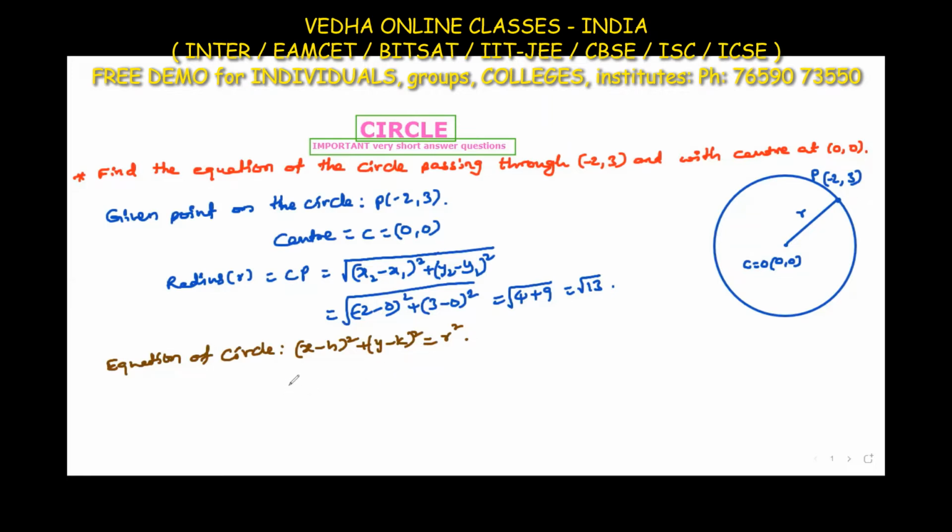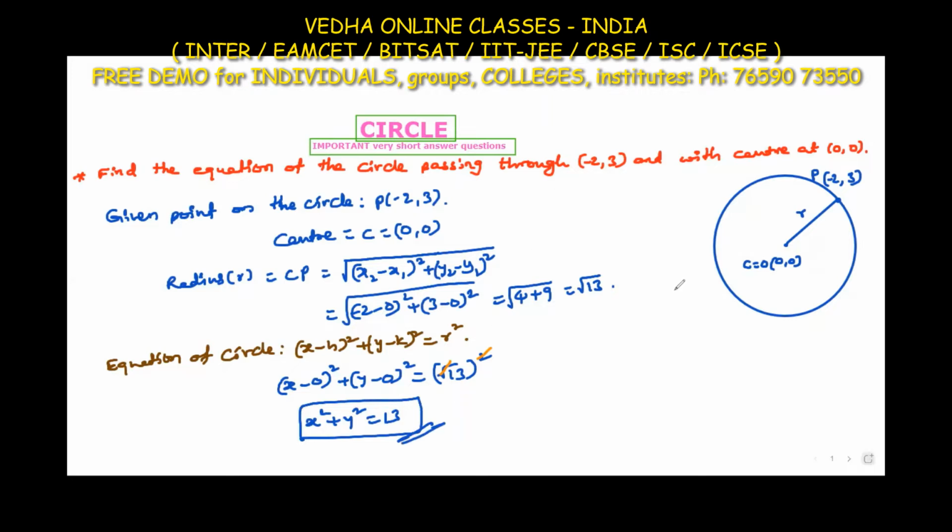Here h is 0 and k is also 0, so x minus 0 whole square plus y minus 0 whole square is equal to r square. What is r value? That is root 13 whole square. The square and root get cancelled. So what we get here is x square plus y square is equal to 13. This is the required circle equation.